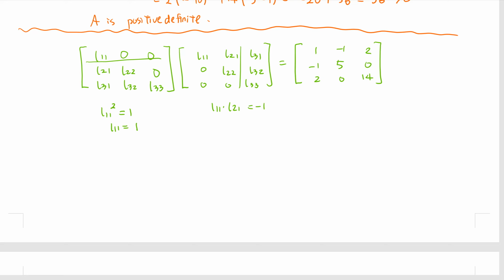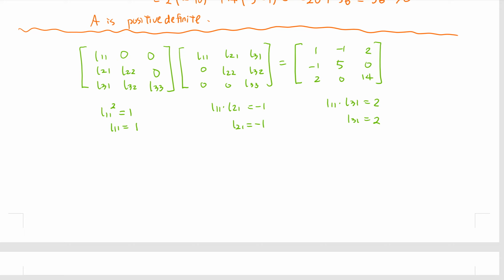Because L11 is 1, L21 is minus 1. And then we can use the first row times the last column. L11 times L31 equals 2. L11 is 1, so L31 equals 2. So far, so good, everybody?